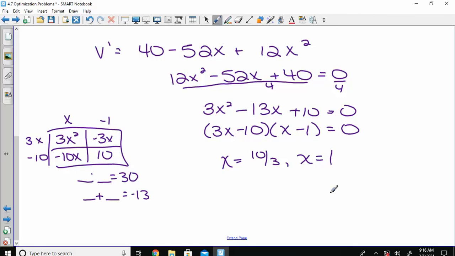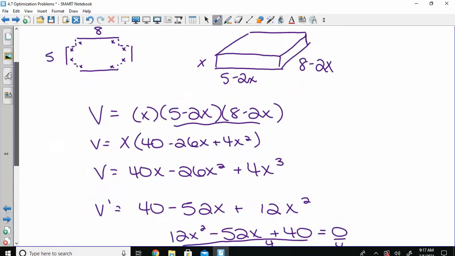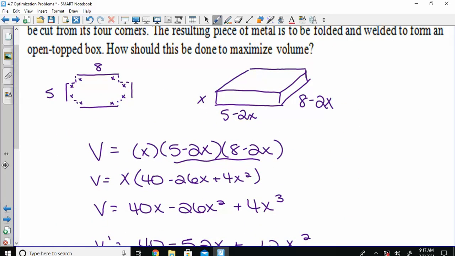Okay, I didn't write down what x had to fall between on this one. I could have. But since I failed to, we actually just need to check and see if both of these are reasonable. So if x were 10/3, would that work? Why?